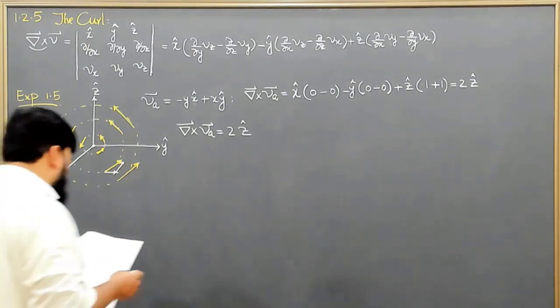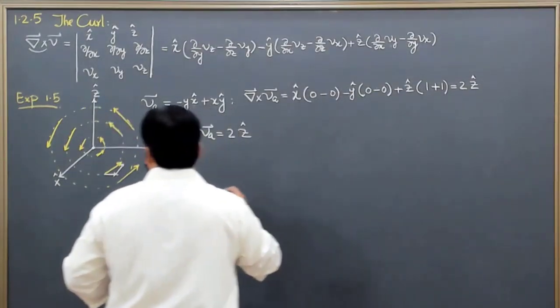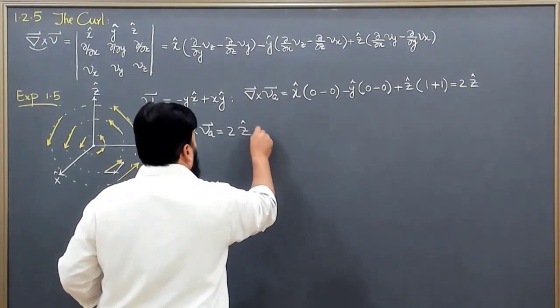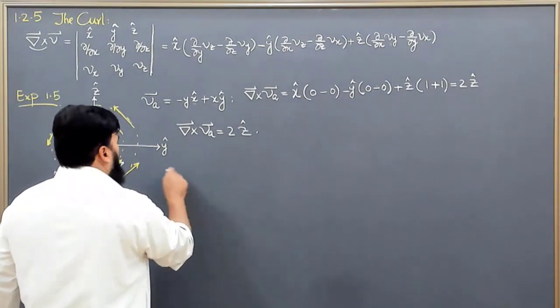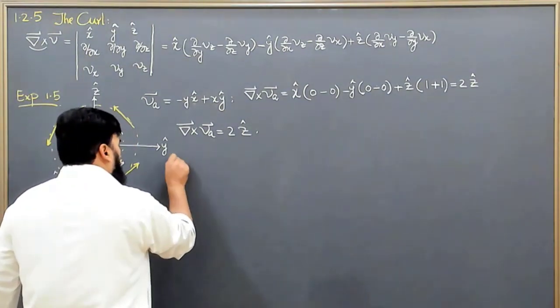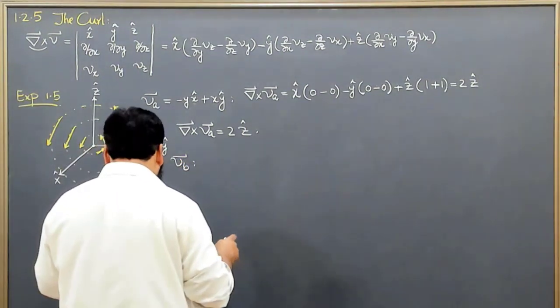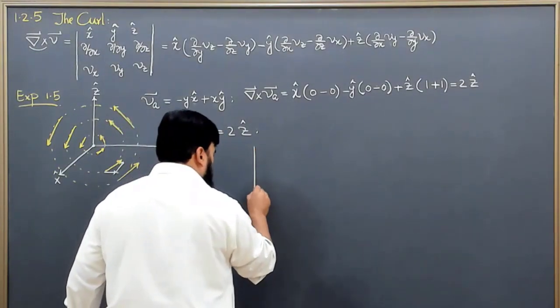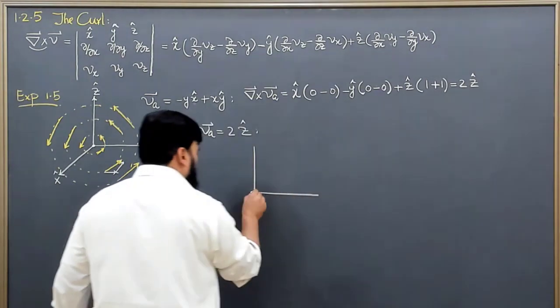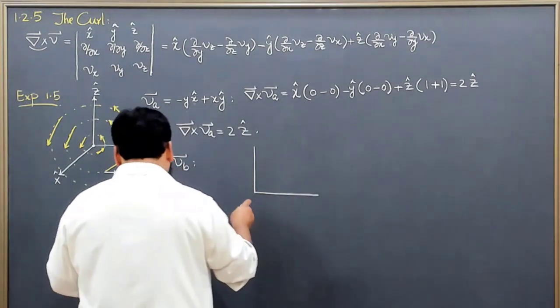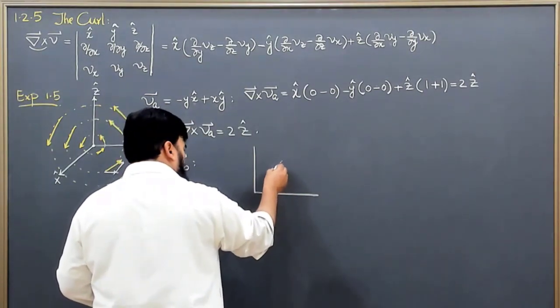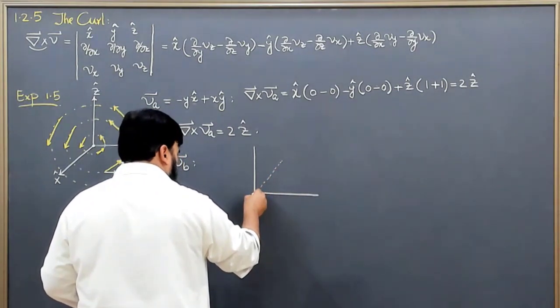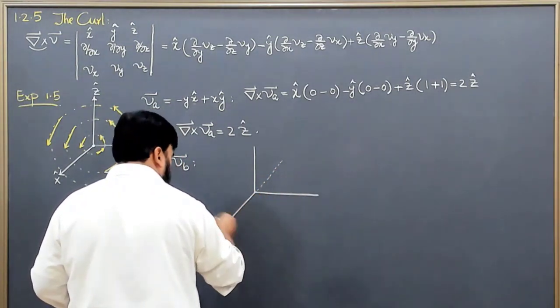Similarly, in another figure, we are having a two-dimensional setup, and it is such that this is VA, and we are having now VB, and VB is such that, let me draw the diagrams first. This is our one axis, this is another, and here we are having another axis which is like this.